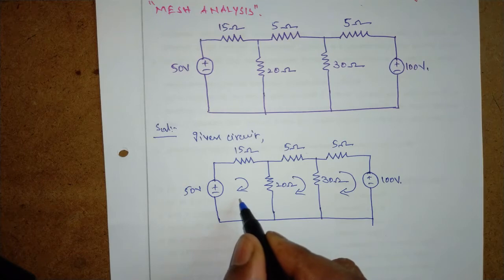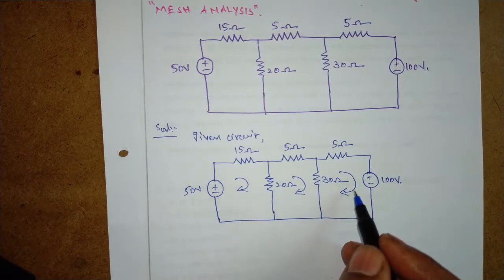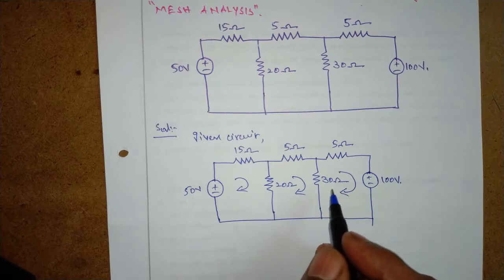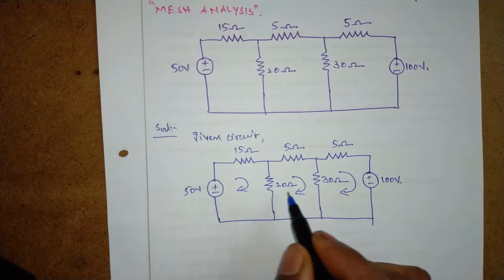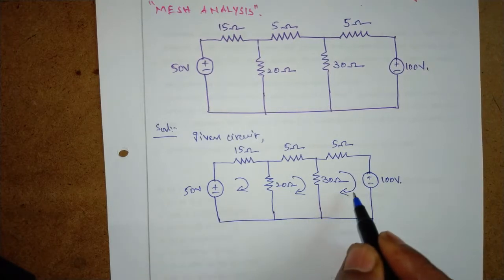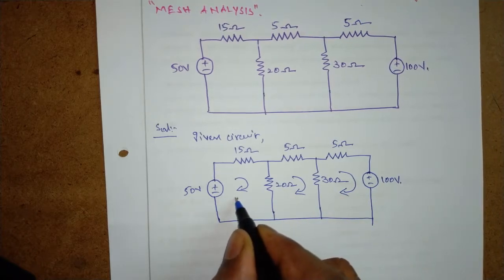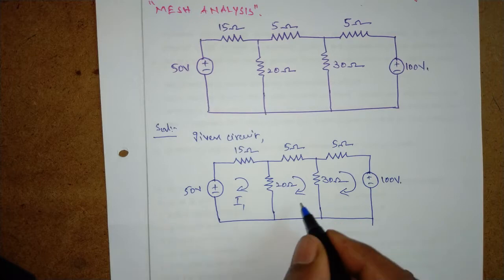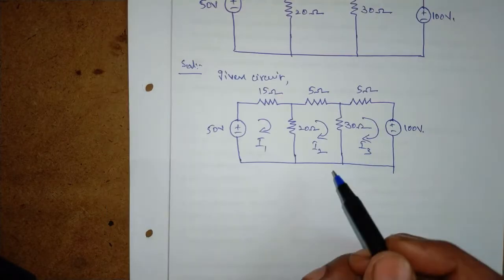Coming to the direction of each loop, either clockwise or anti-clockwise, here I assume the direction of the loop currents in clockwise direction and mark the loop currents as I1, I2 and I3.